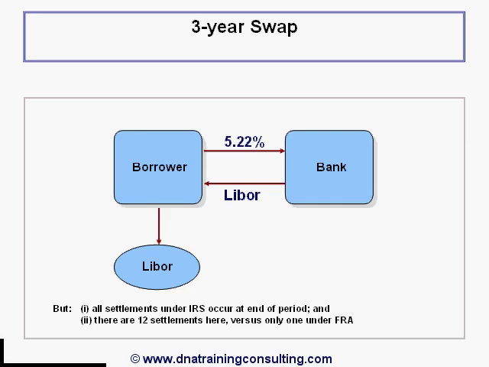Second difference, there will be 12 separate settlements under the swap versus, of course, only one settlement under a FRA contract. Nonetheless, the diagram for the swap, shown here, uses only one arrow in each direction to show all 12 settlements under the swap.